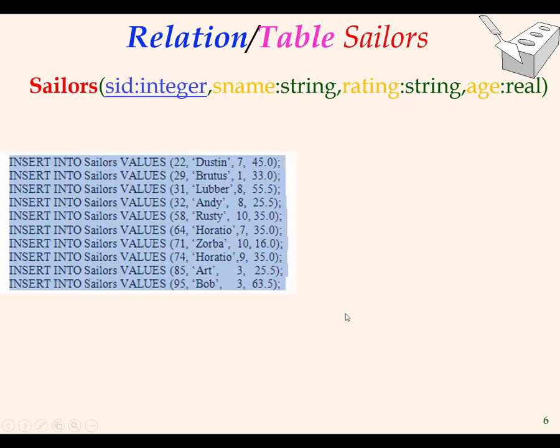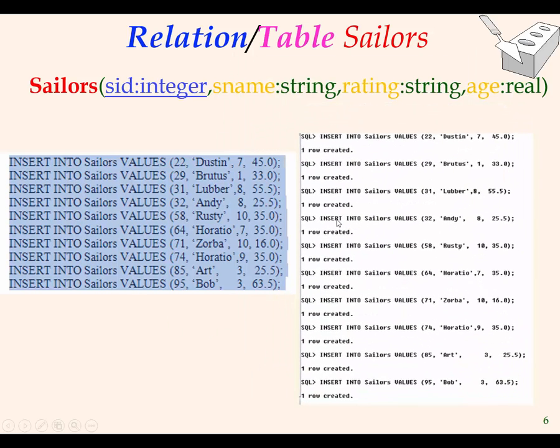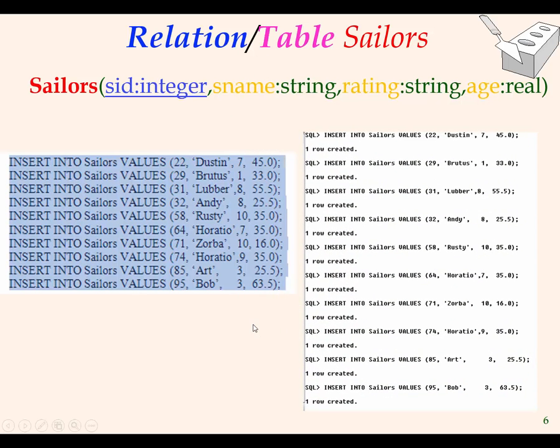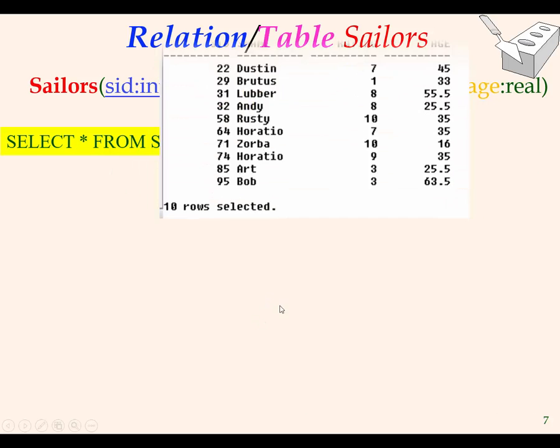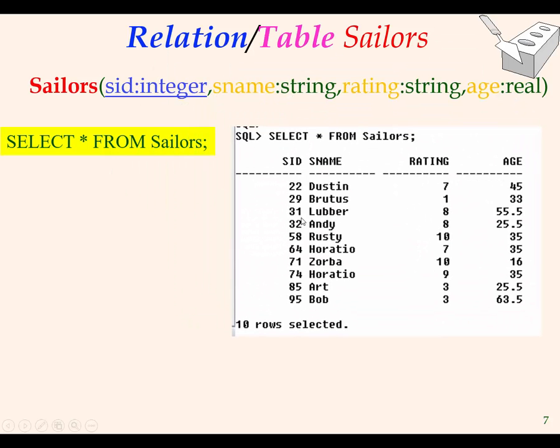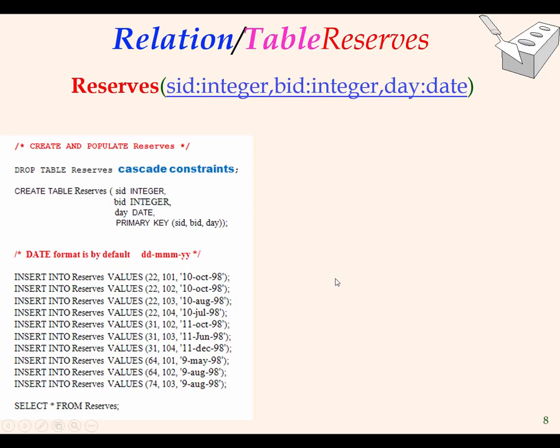I inserted tuples, so I have 1, 2, 3, 4, 5, 6, 7, 8, 9, 10 tuples that I inserted. Here is the execution of these inserts one by one. If I select everything from sailors, here are my 10 tuples, here is my relation instance. I do the same thing for the reserves table.